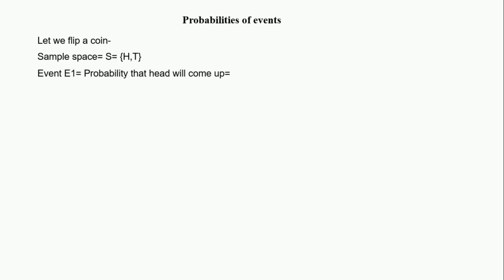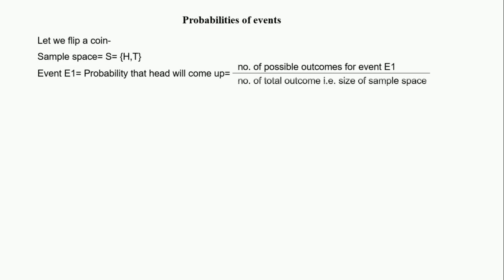For this we use the formula: number of outcomes for event E1 upon number of total outcomes, that is the size of the sample space. For the probability that head will come up, the number of outcomes for this event is 1, because there is only one head when we flip a single coin, and the total possible outcomes, that is the size of the sample space, is 2. That's why the probability for event E1 equals 1 by 2.